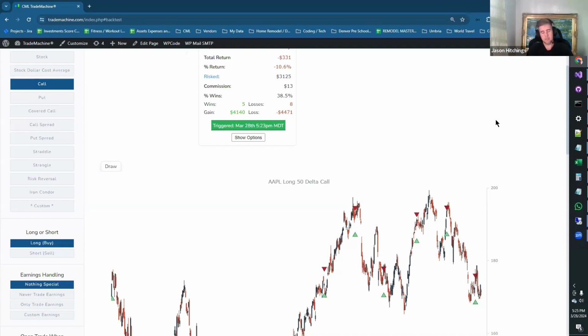Now, what a lot of places don't do that we do is that they don't factor in dividends. Logically, that's pretty odd. Because if you're trying to look at the performance of a stock, but you're not factoring in the dividends, and they probably would if you just wanted to look at buying a stock or stock performance over time.